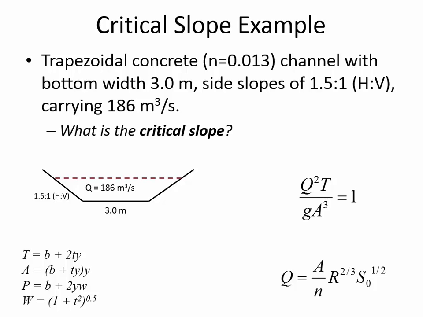The cross-sectional area, 37.837 meters squared. And then the hydraulic radius of 2.119 meters. Take that to the 2/3 power, and then all of this squaring it. The slope that we'll get is 0.0015.